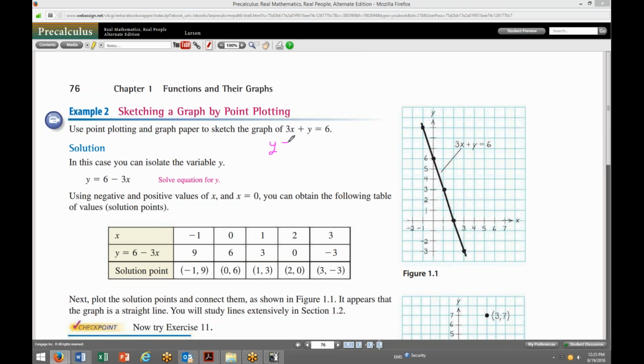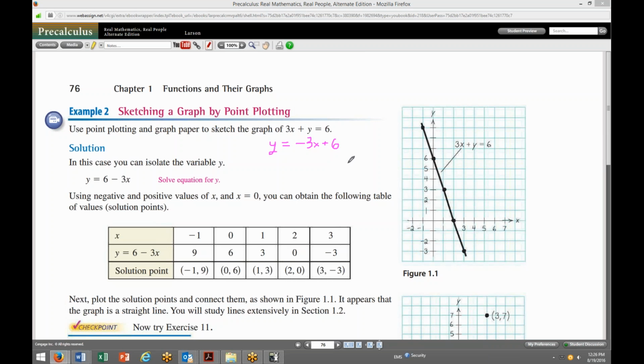We can get y equals negative 3x plus 6, which is just an algebraically adjusted, different form of the original equation. It has the exact same set of solution points the original equation had, 3x plus y equals 6.